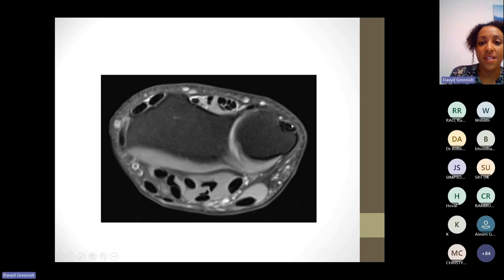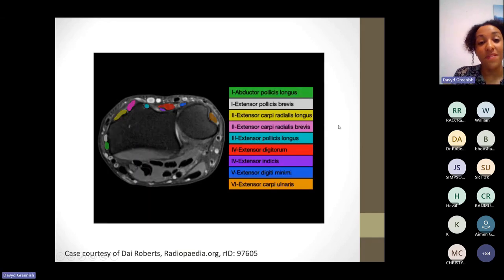Again, this just shows your extensor tendons. So compartment 1, 2, 3, 4, 5, and 6. Hopefully there's not too much of a delay when I was doing that, but if there was, we've got a helpful coloured diagram here to show it. I wouldn't worry about learning each of these.